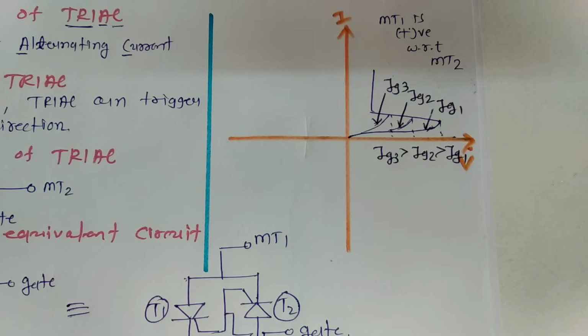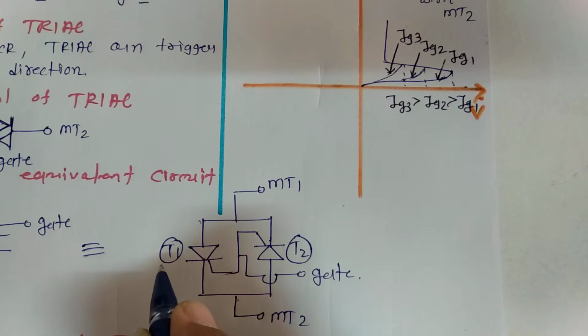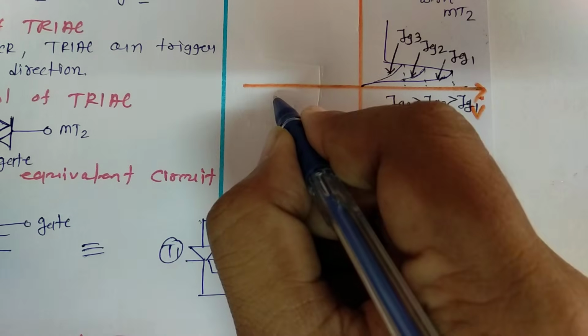Now when MT2 is positive with respect to MT1, at that time we have the T2 SCR in forward bias and the T1 SCR in reverse bias.